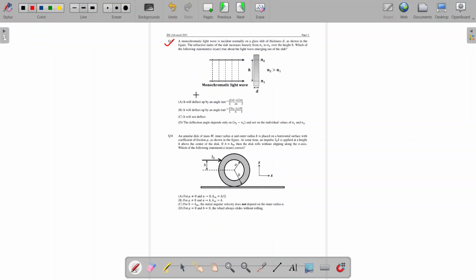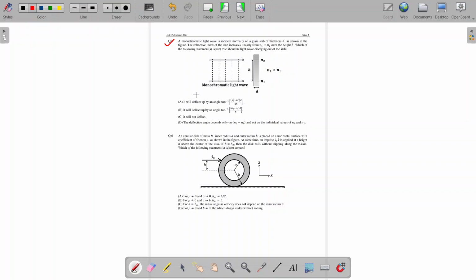So that means that light will travel quickly in the medium which is optically denser. So it will travel quickly through N1, and it will come out of the glass slab faster.